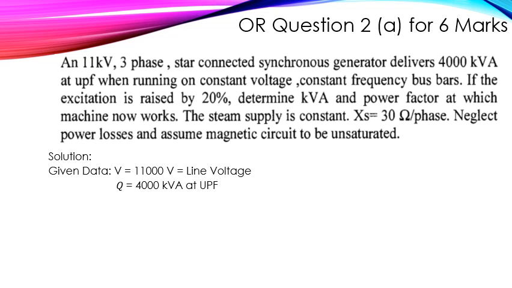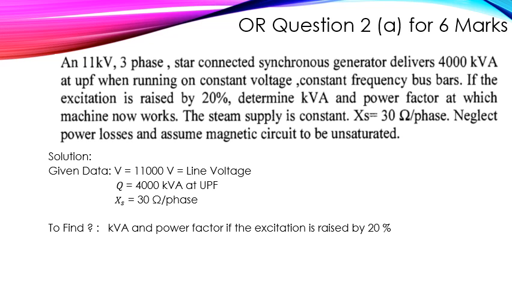Then the kVA rating is 4000 kVA before the excitation is raised by 20%, and that is for unity power factor. Then the synchronous reactance is 30 ohm per phase. What we have to determine here is the kVA when the excitation is raised by 20%, and the power factor.